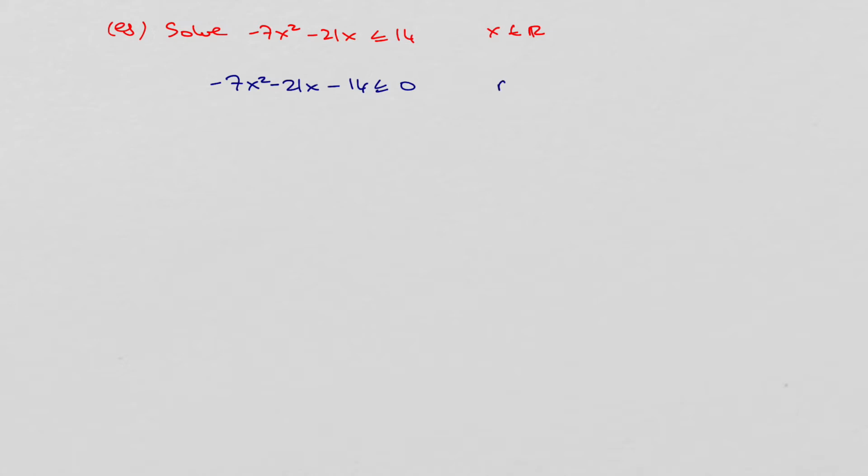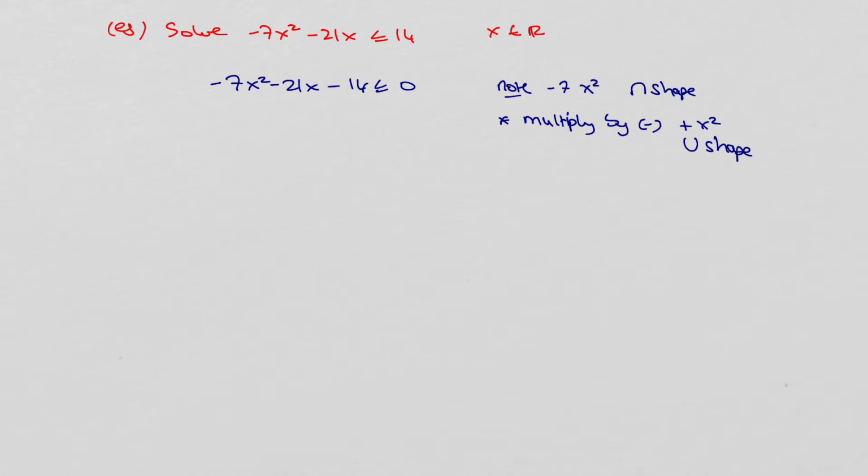We note that this is a negative coefficient, so that would give us an N-shaped graph, okay? And as I said in the previous example, we always want to make it a positive x squared just for ease of remembering how to write our solutions. So therefore we're going to multiply by minus 1, because that will make it a plus x squared, which then gives us our U shape.